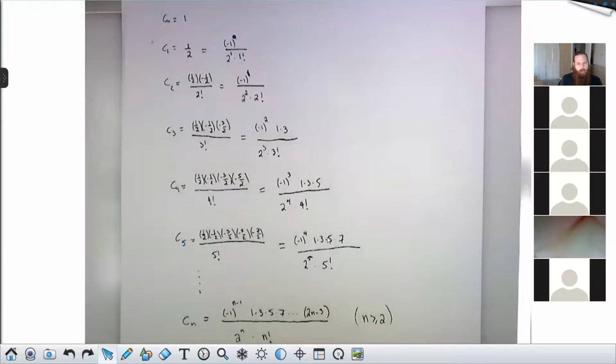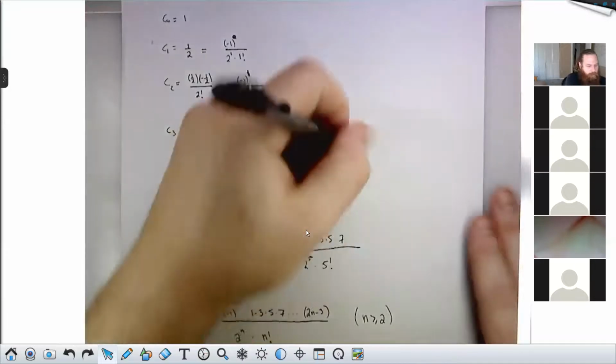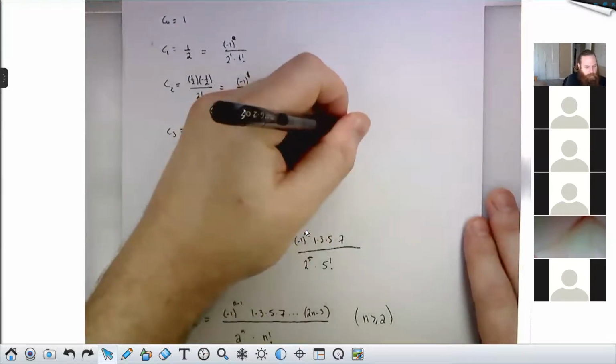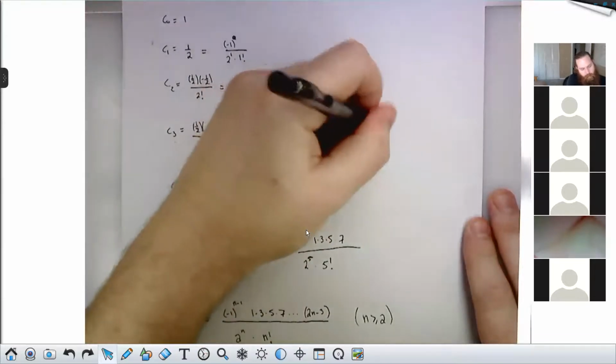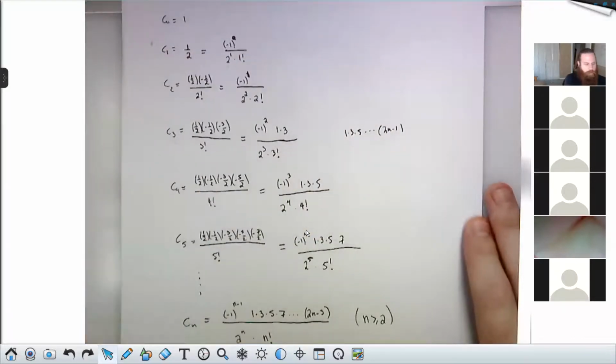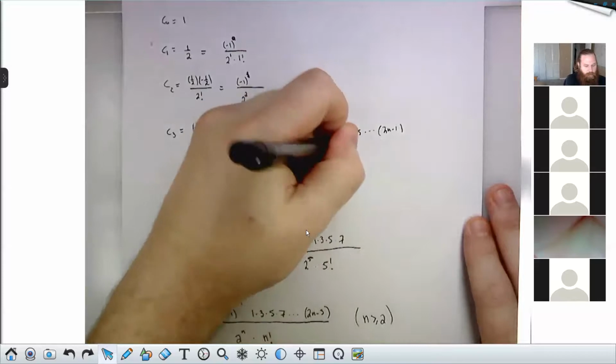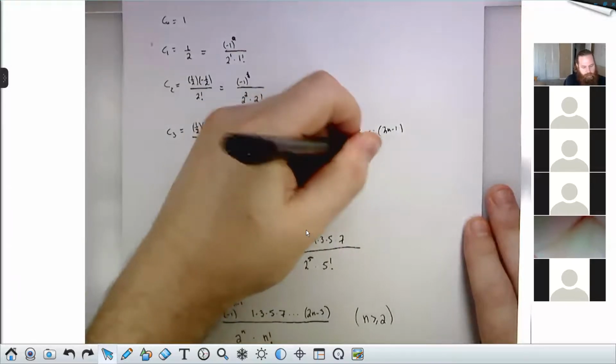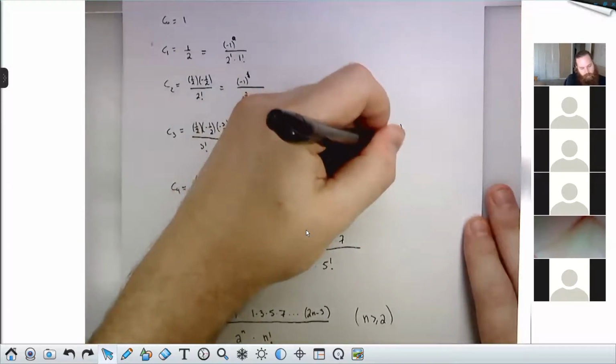Is this product like 1 times 3 times 5 out to 2n minus 1? Because 2n minus 1, that's one way to write a generic odd number. Or is it 1 times 3 times 5 out to 2n plus 1?